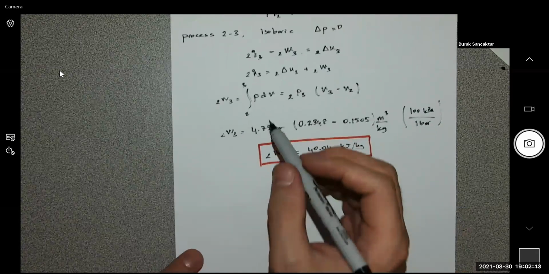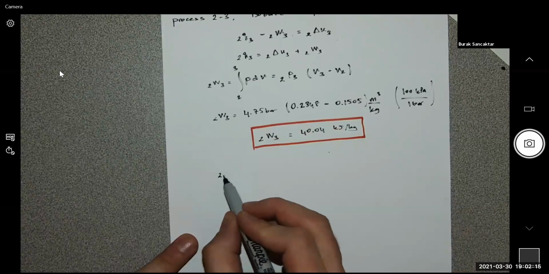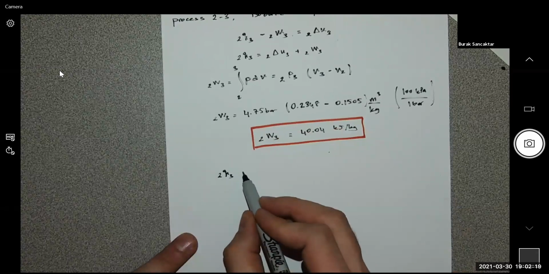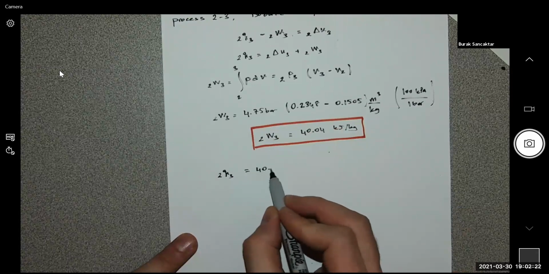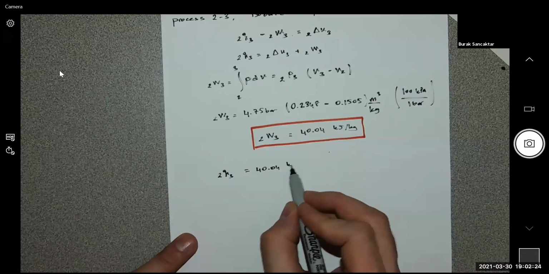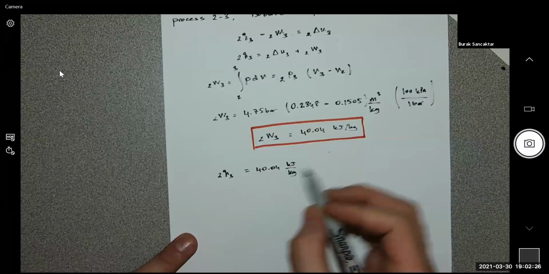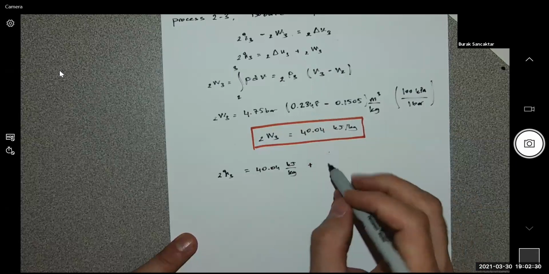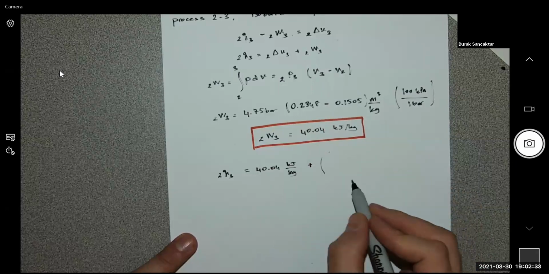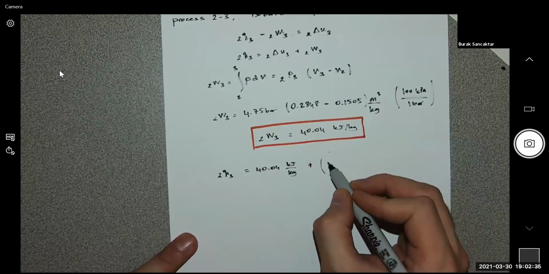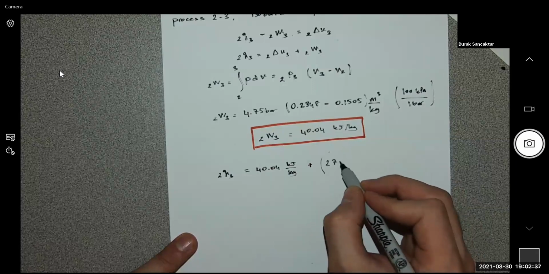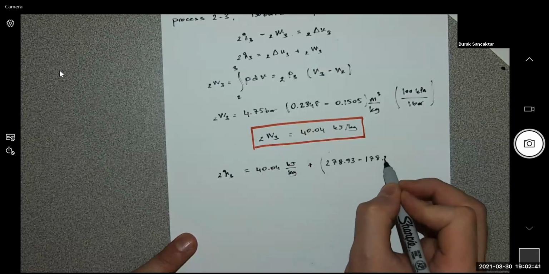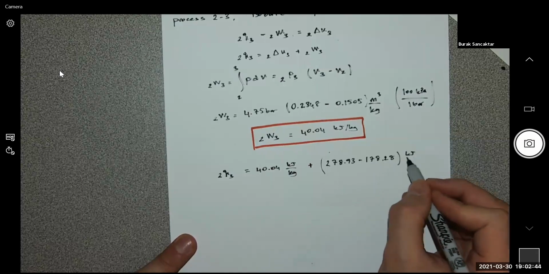Okay. So heat transfer from state 2 to state 3 equals 40.04 kilojoules per kilogram, which is work, plus internal energy difference, right? From state 2 to state 3, U3 minus U2. U3 was 278.92 minus 178.28 kilojoules per kilogram.